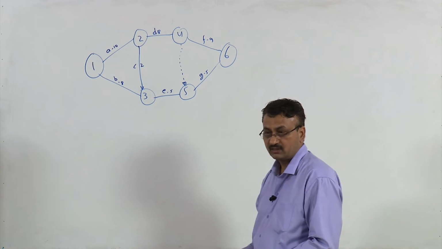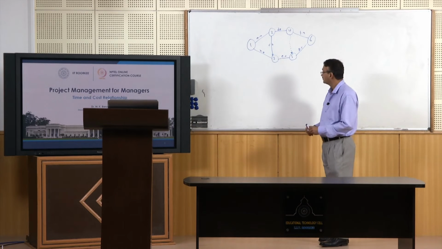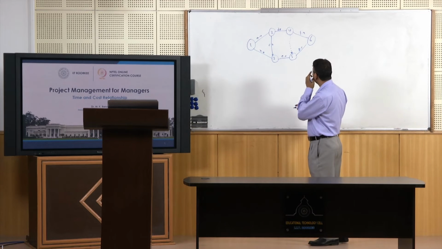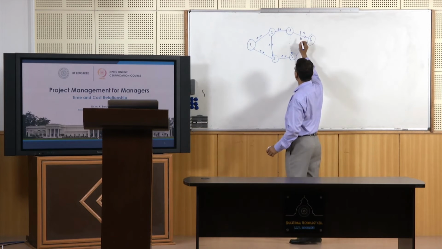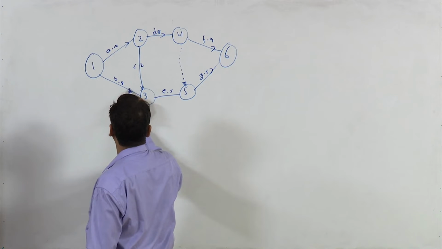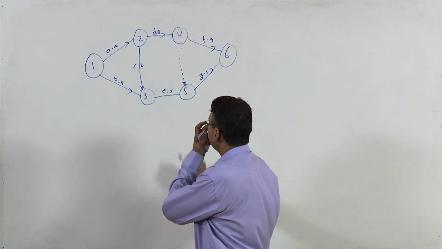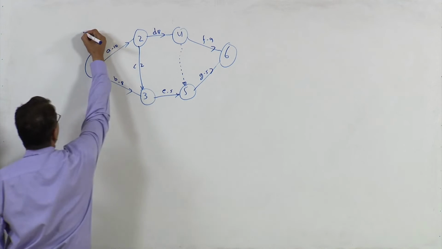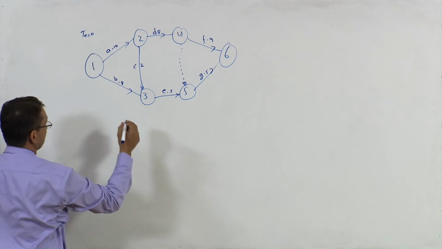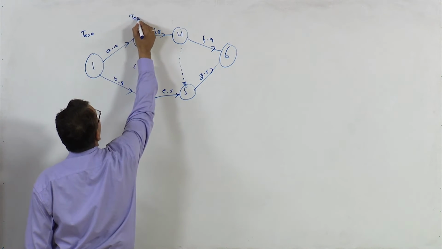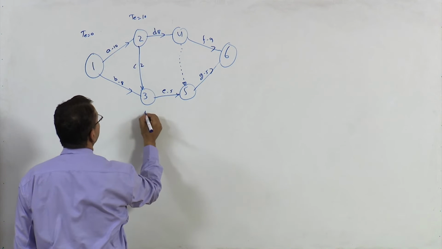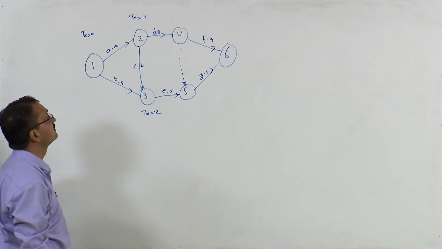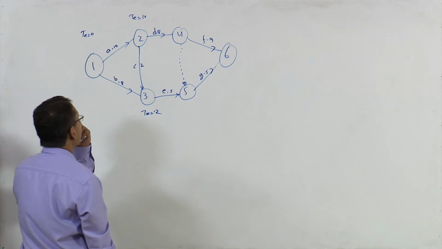First of all you need to know TE and TLs for all these nodes. So TE at this node is 0, TE at this node is 10, TE at this node is what? It is 12, 10 plus 2, 12.